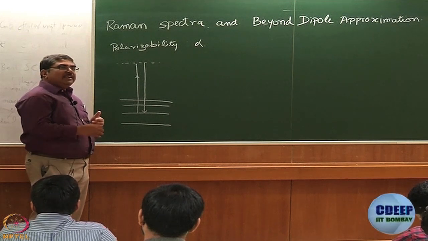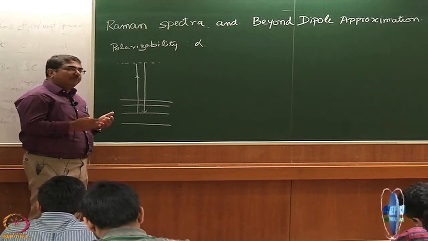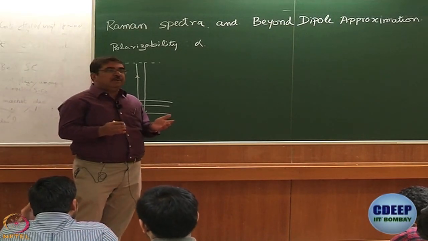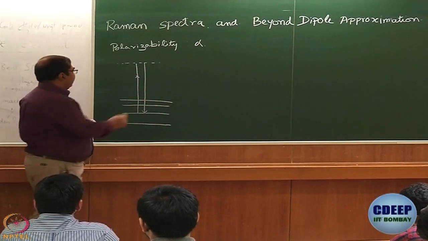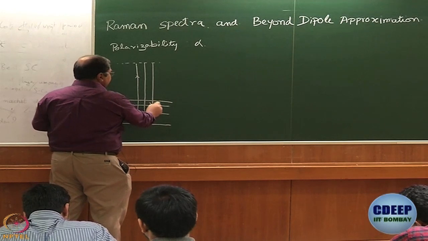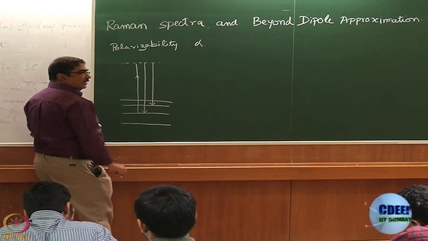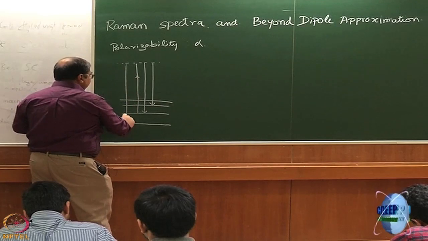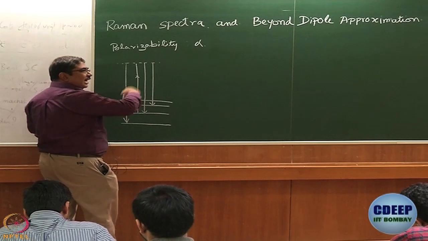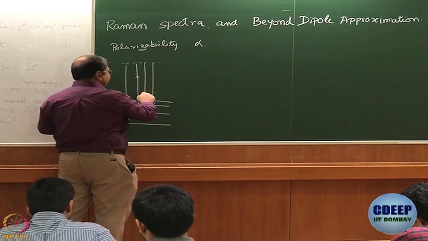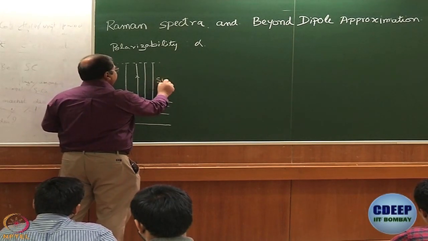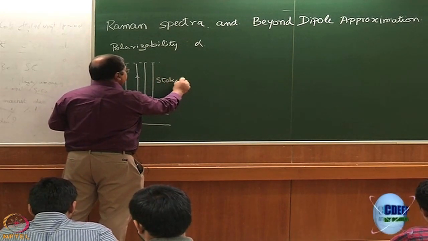You might think of it as the elastic scattering of photons, in which no exchange of energy takes place between light and molecule. But we discussed two other situations, one in which you come down to a higher stationary state, one in which you come down to a lower stationary state. In this case, the energy of the scattered light will be less than the energy of the incident light. So, this is called Stokes shifted scattering.